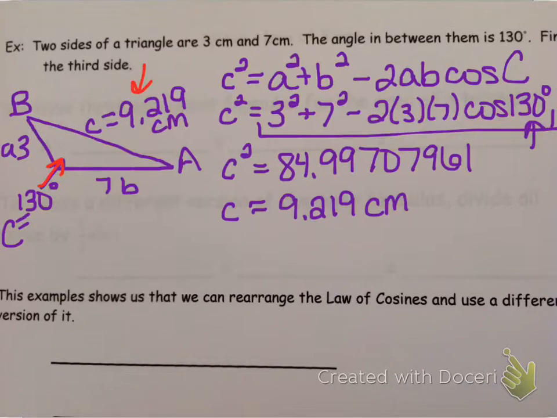One thing that geometry also alludes to is that we can rearrange the law of cosines to use it in another direction. Because if this is the longest side across from the largest angle, what if I knew the sides instead?